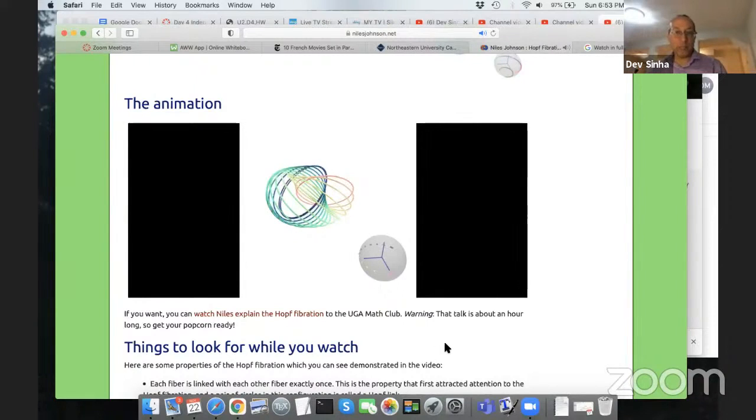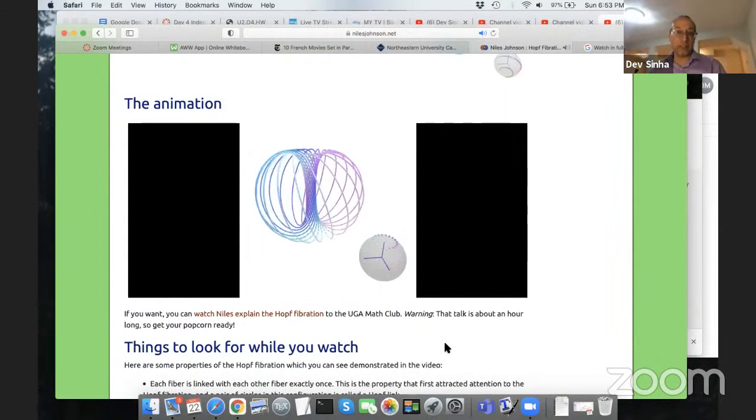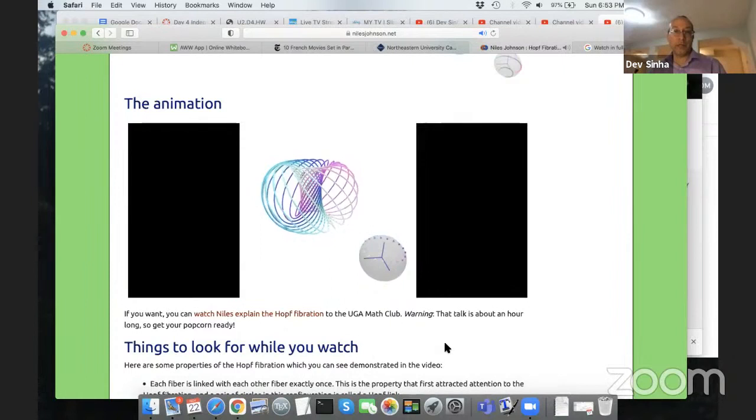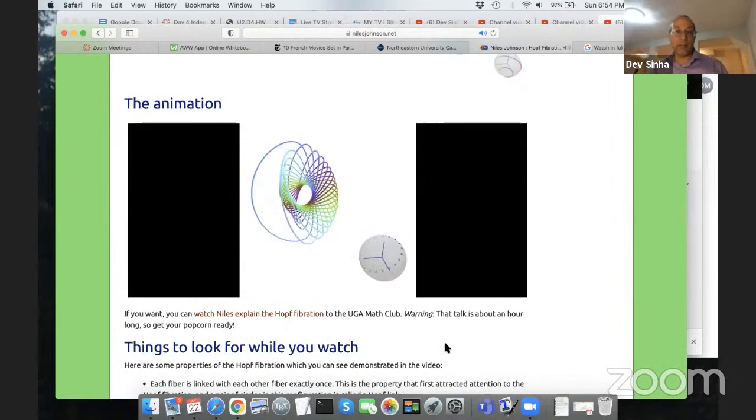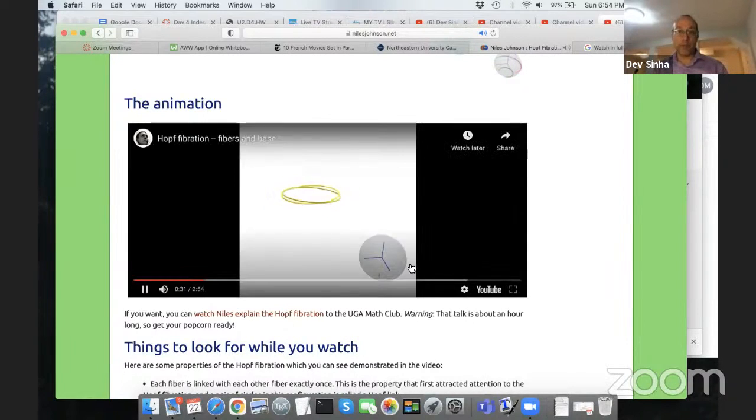What you're doing here is starting with just 1 point and looking at its preimage under the Hopf map. Of course, the 3-dimensional space that we live in is R3, but add a point at infinity and you've got S3. And then he's representing the points in S2 down here.